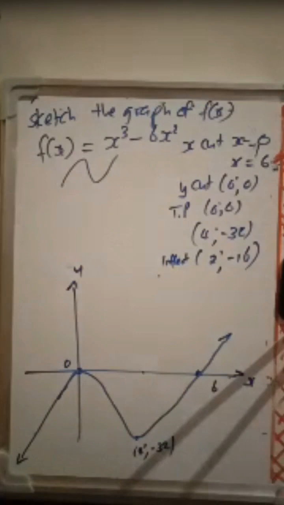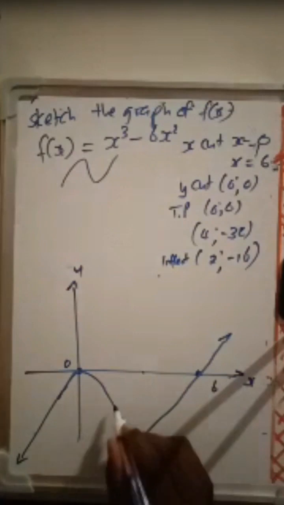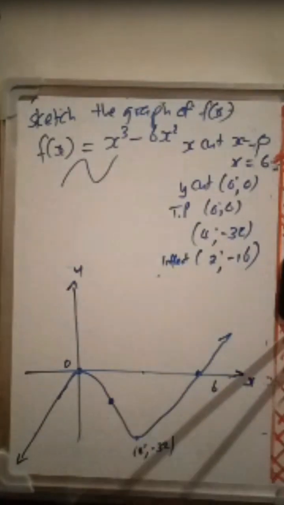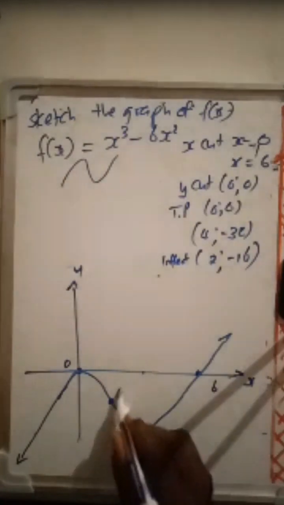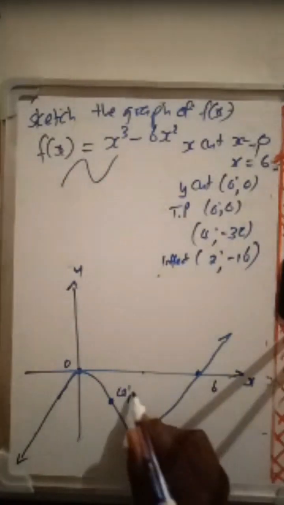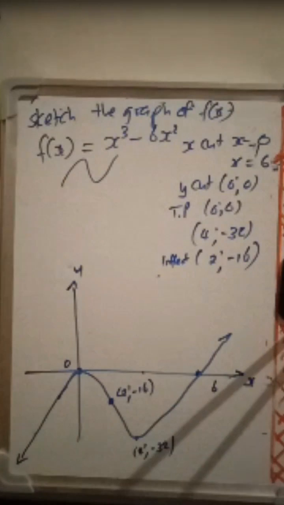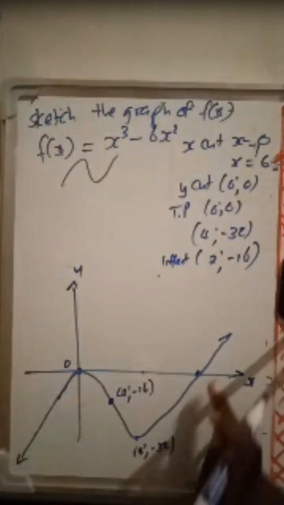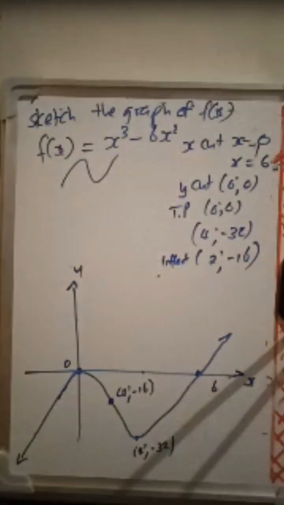So the point of inflection is somewhere there, where we are going to have (2, negative 16). So this one is (0, 0), there is (4, negative 32), there is 6. So that is our graph.